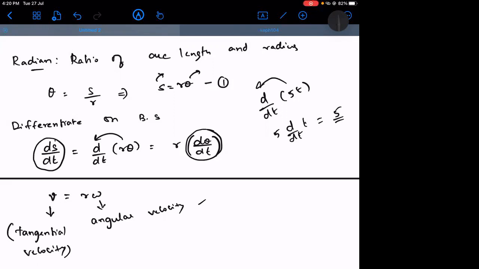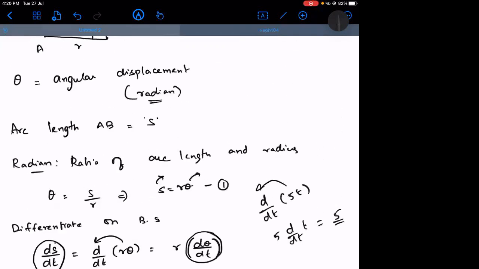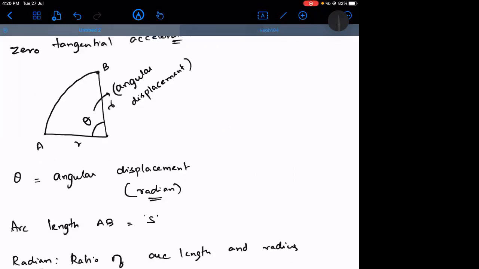Am I clear? Okay, let me explain it with respect to the diagram. If you remember, in parabolic motion I told you one thing: wherever you have an object moving along a curved path, and anybody asks you to calculate the velocity of the object, then the velocity of the object is always a tangent to the curve in the direction of motion.